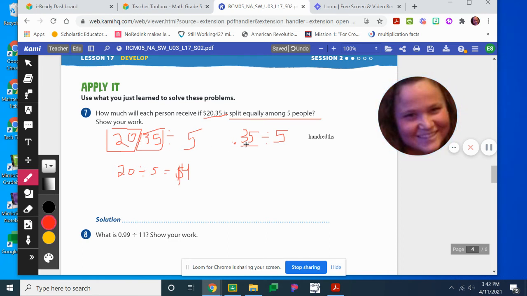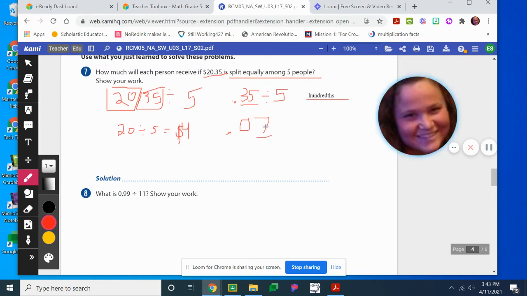So 35 divided by 5 is 7. Sorry, my brain's not working today. So I have 7 in the hundredths place value, so there's a tenth there and a decimal there. I've got 7 cents over here, and I have to add that to the $4. So in total, I get $4.07.